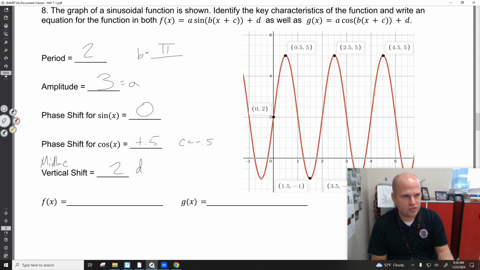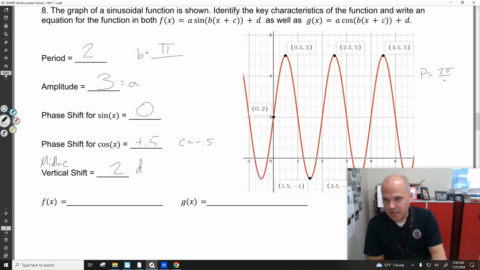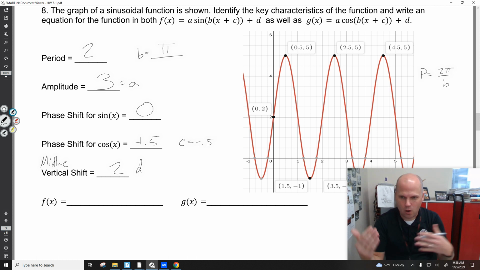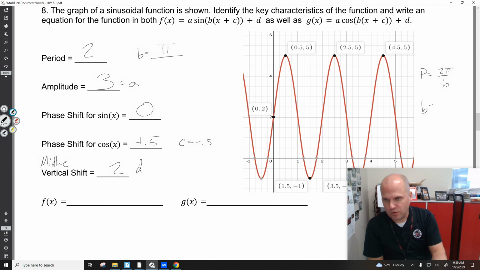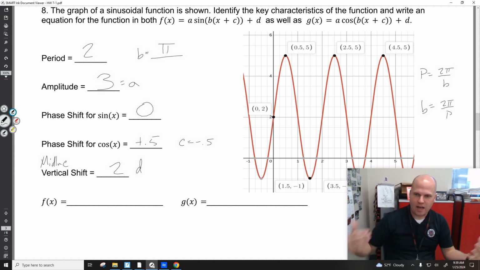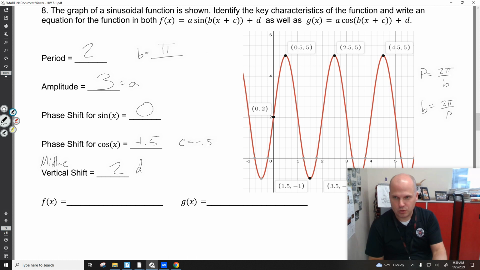If you don't, here's the ticket. Take your horizontal dilation factor. It's always going to be the inverse of what you think it's going to be. Conversely, your B value will be found just by dividing the period by your normal period, 2 pi.